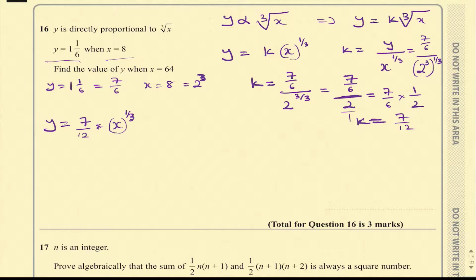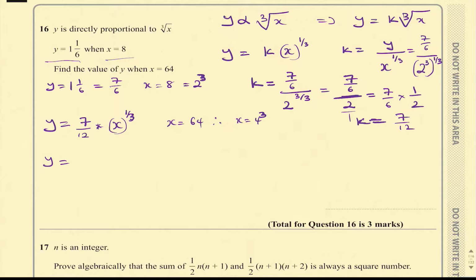But remember, the x to the power 1/3, the 3 is telling us to change x to a form of power of 3. So we know that x is 64, therefore x equals 4 to the power of 3.